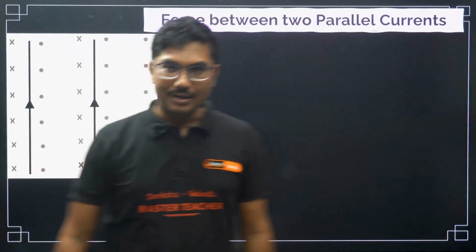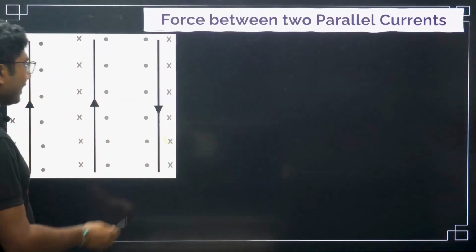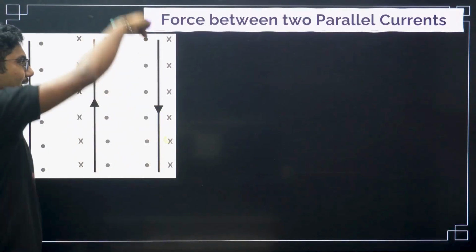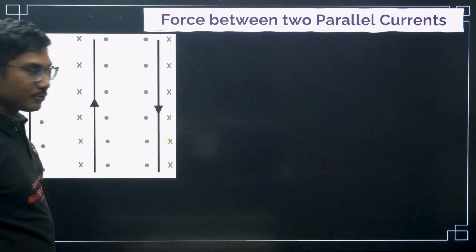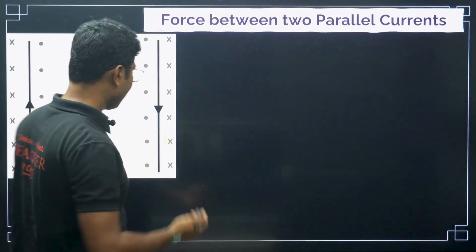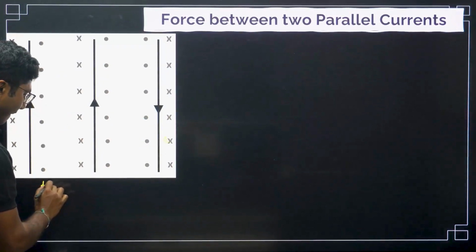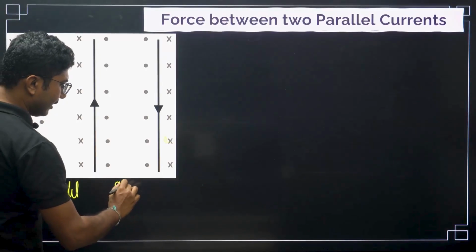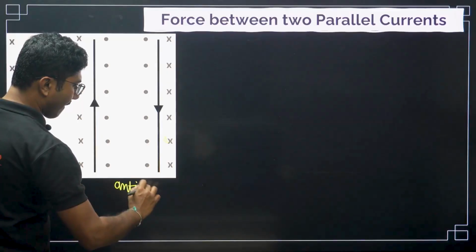And if you see these two wires, one is taking current in this direction, another one is taking the current in the opposite direction, so they are called anti-parallel currents. So these are parallel and these are anti-parallel.